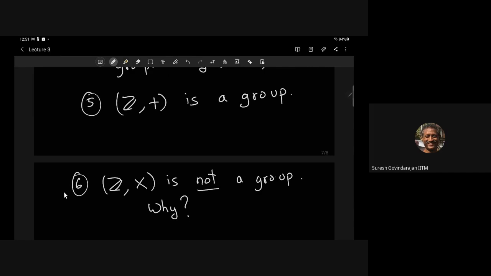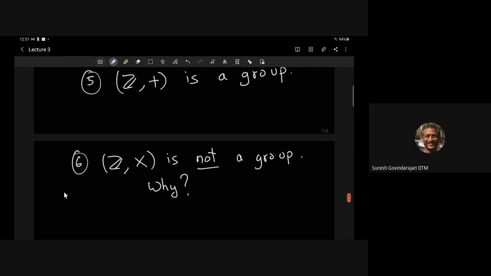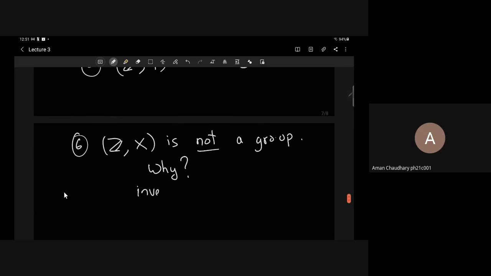With multiplication now, the inverse of 0 doesn't exist. So inverse doesn't exist, not just for 0. What is the inverse of 2? Inverse doesn't exist.